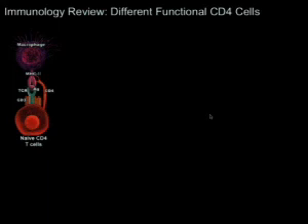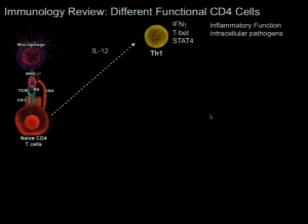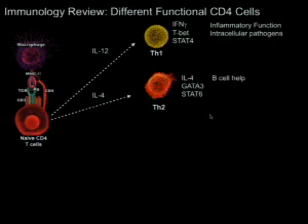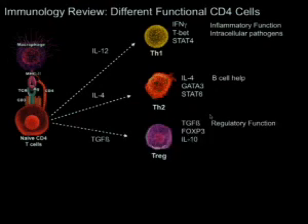Now, you can be a lumper or a splitter. If you're a lumper, there are 4 or 5 different CD4 populations. If you're a splitter, there are about 10 to the 11th different T cell populations, each one with its own characteristic. But simply, there are clearly Th1 cells driven by IL-12, where Tbet is a major transcription factor. Th2 cells, which are involved in B cell help and immune regulation, driven by IL-4, where GATA3 is a major transcription factor.